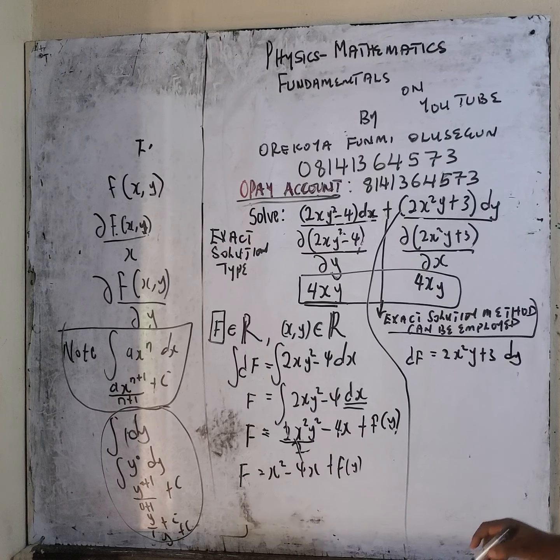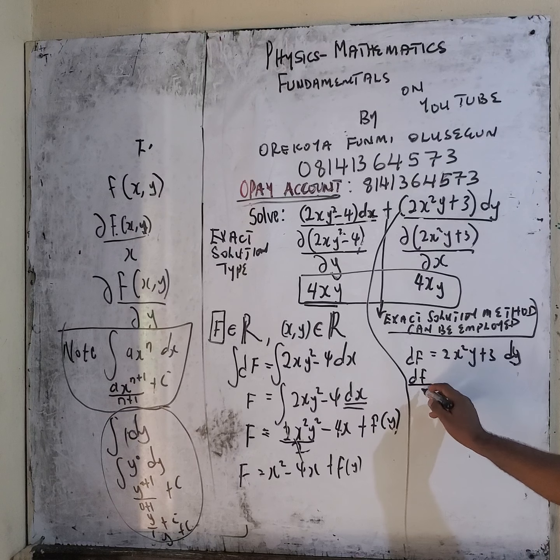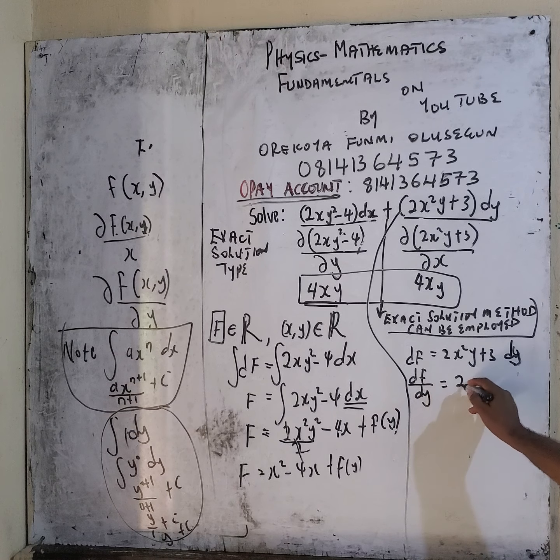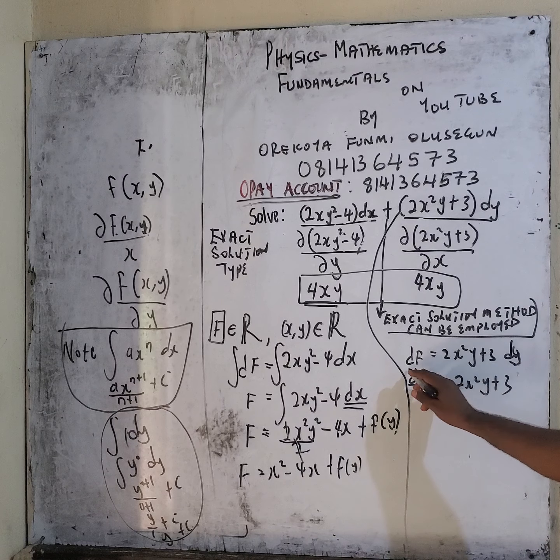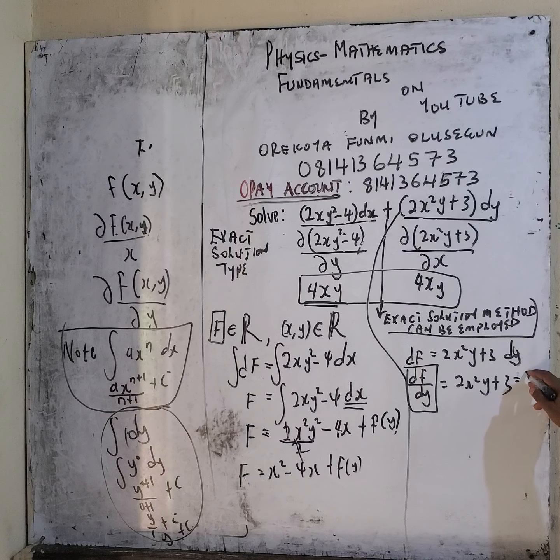So that means the derivative of f over dy actually is equal to 2x squared y plus 3. This particular expression, you can write it as f prime of y. So that's that for this.